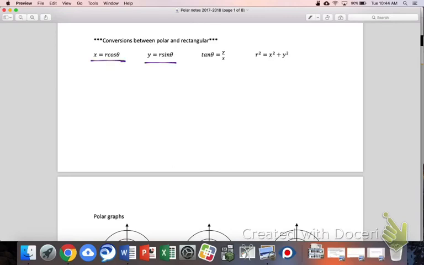Especially these two will be used a lot when we get into the calculus of it all. X equals r cosine theta, y equals r sine theta. So file those ones away. Those will be used a lot. This should look familiar, right? This is actually what we finished with from Darian's question a few minutes ago. And then this, of course, is the Pythagorean theorem.